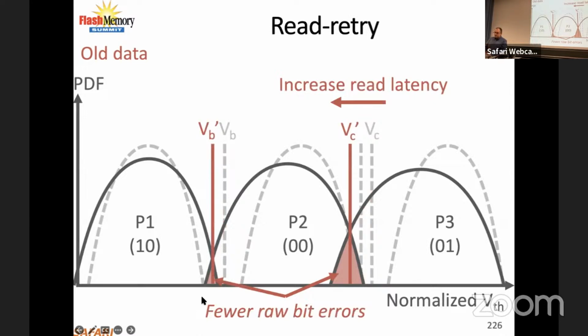Then you need to adjust your reference voltage and retry your read. This is the read-retry process, and that can increase read latency. Hopefully with a second, third, or sometimes fourth and fifth attempt, or maybe more, you can get to fewer raw bit errors, which you can correct with ECC.